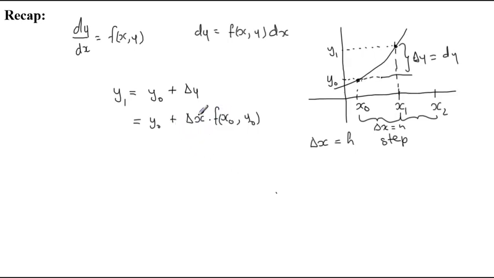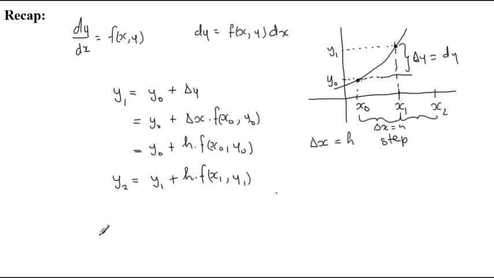But now we see that to get y1, we need y0 and x0. In this case, the formula will look like y0 plus h multiplied by f at x0 comma y0. To get y2, we would need y1, following the same pattern: y1 plus h multiplied by f at x1 comma y1.